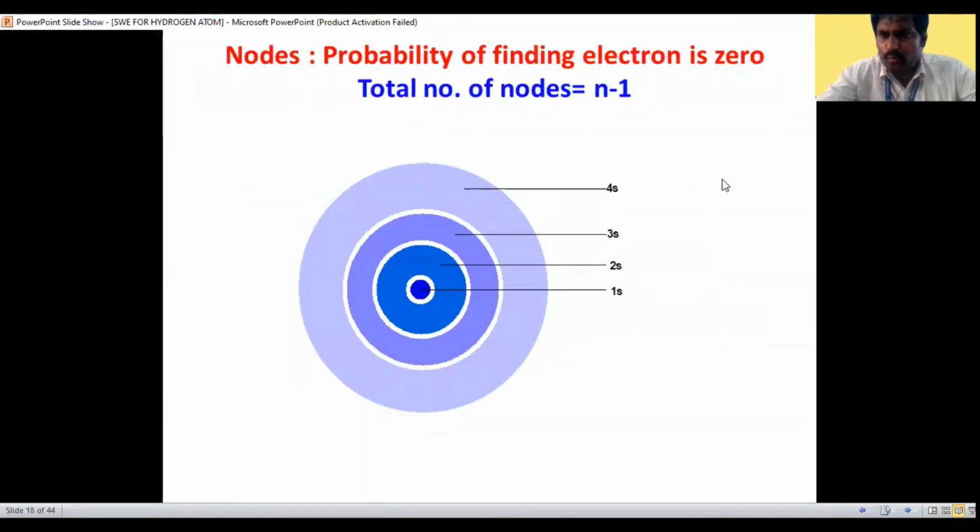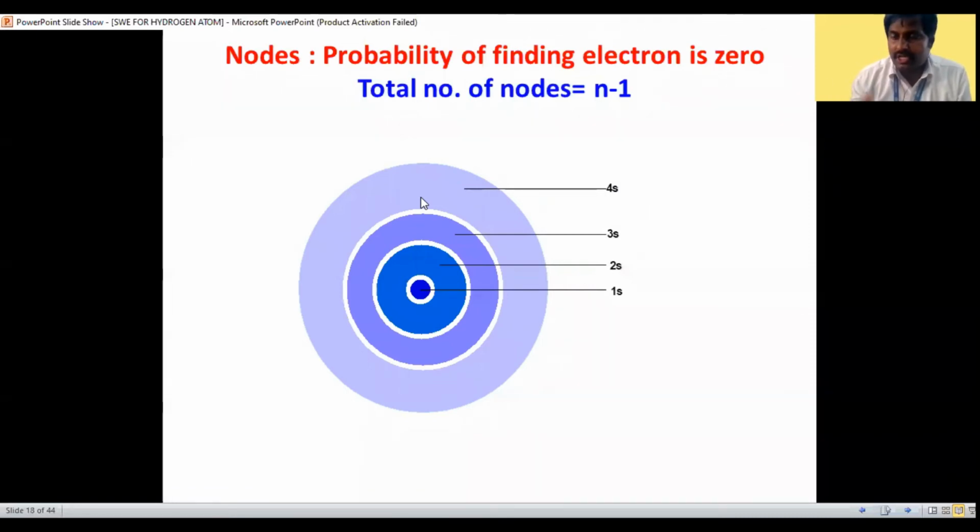Let us see what R of r and Y of theta, phi decide. See, going from 1s to 2s, 2s to 3s, 3s to 4s, the radial wave function is deciding this. Okay, 1s orbital, 2s orbital, 3s, 4s, all are spherical. And the angular wave function is a constant for the s orbital. That is the reason the s orbital is spherical in nature.